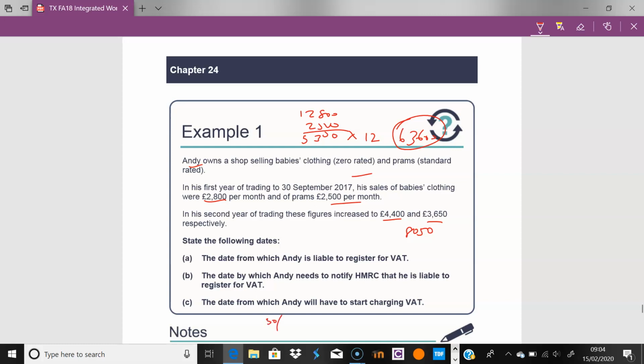There are easier ways to do this, but just so you find your way: 30th of the 9th, 17. You're looking back 12 months. So one way to do it is to say, okay, in the next month, when you come to the 30th of the 10th, 17, one of the months from here would drop out, right?